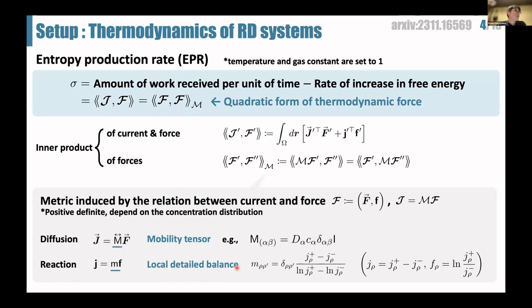Under the local detailed balance condition, the thermodynamic force is this form, and we can obtain this matrix. So the diagonal component is a log mean of forward flux and reverse flux of reaction. Then we obtain the metric by abbreviating this matrix or relation.